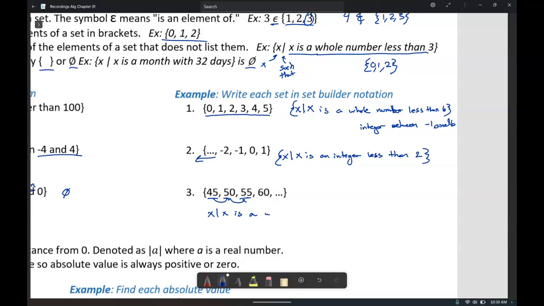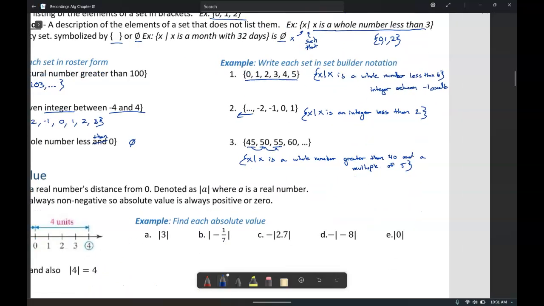So let's just say whole number that is greater than, so we want to go one multiple less than 45, greater than 40, and a multiple of 5. So we have that pattern that we need to follow.